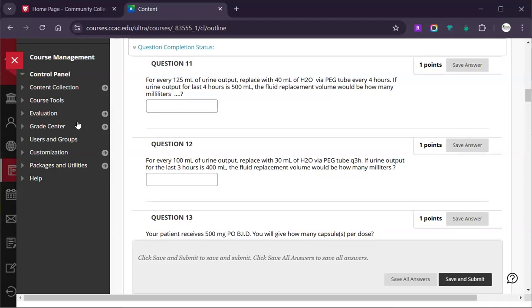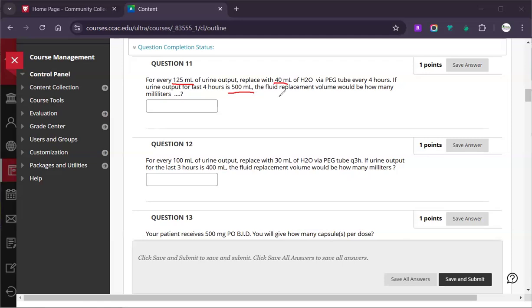So the simplest way, and this will make a lot more sense when you look at the previous review session, is I'm going to look at my actual output, and I'm going to put that over my expected output. So I'm going to do 500 over 125, and then I'm going to multiply by my replacement volume.